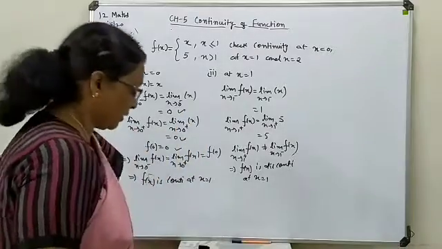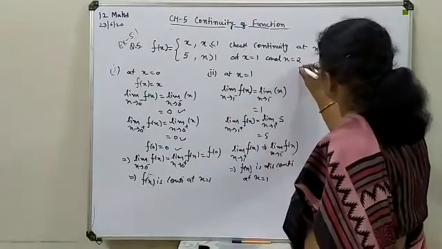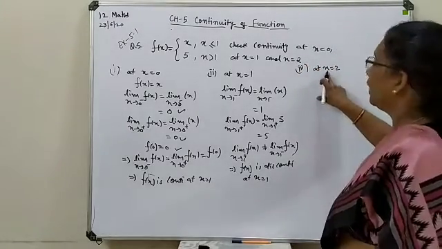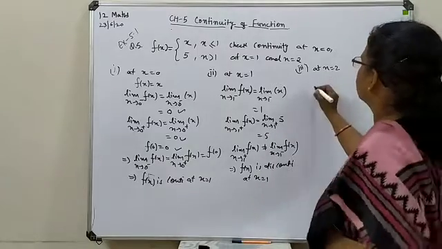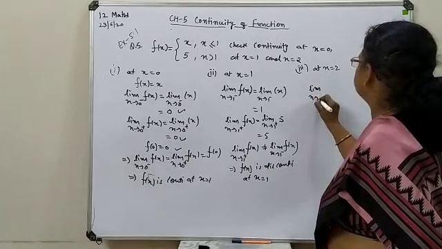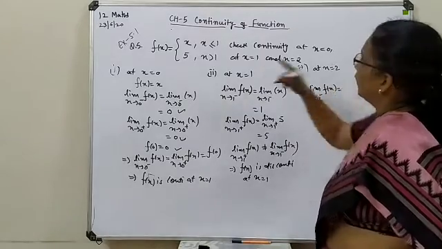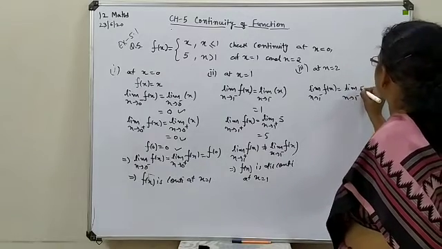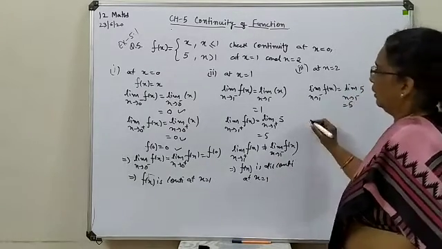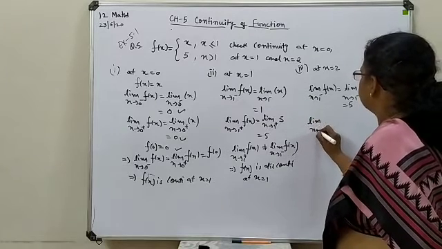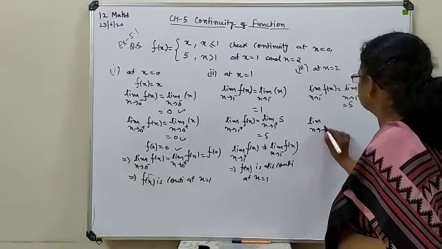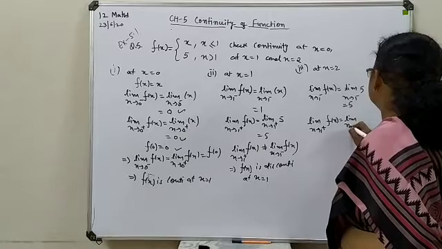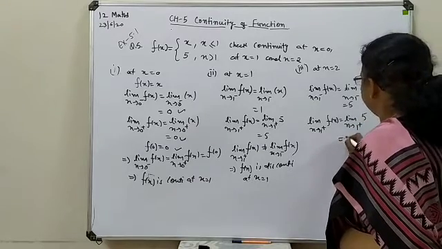Now we move towards the third point, it is at x is equal to 2. Means here you will talk about when your x is greater than 1. So regarding the left limit, your function is 5 only. Regarding the right limit also, your function will be 5.